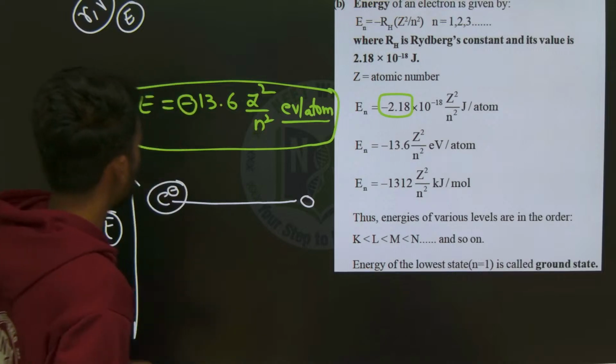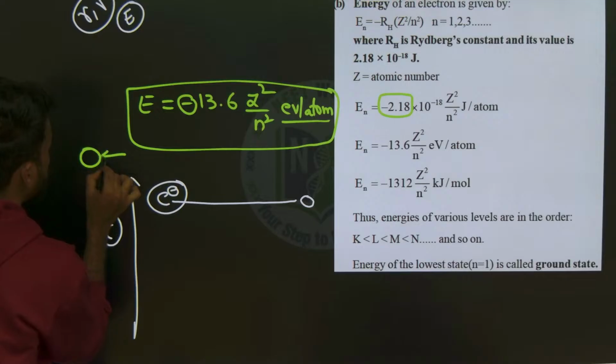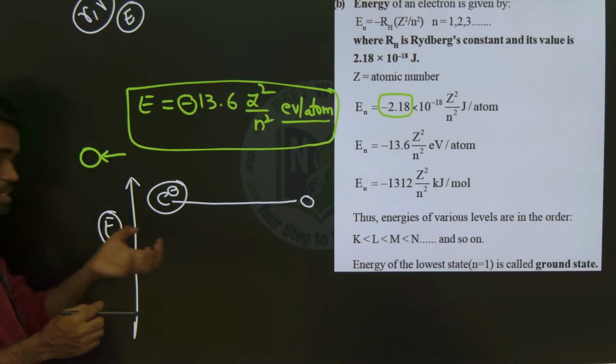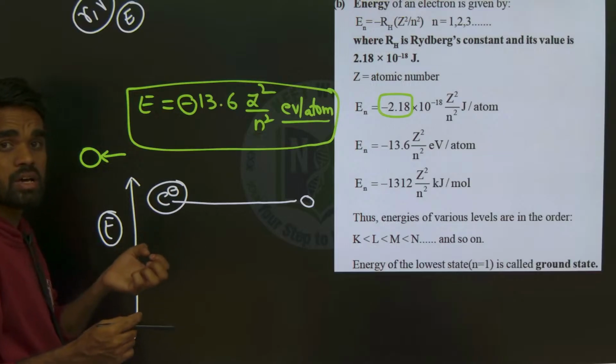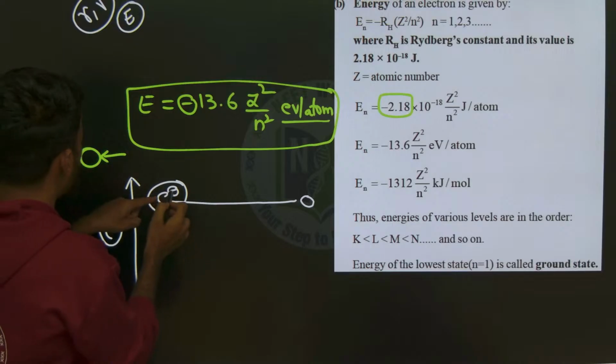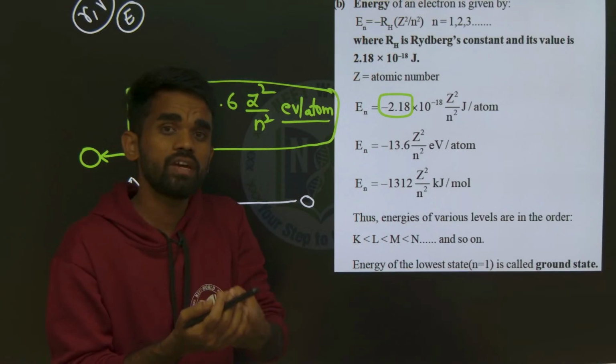So when this electron is present with the nucleus, if it is very close to the nucleus, it has more stability. It means an electron present very close to the nucleus can have more stability, we can say a lower energy state.